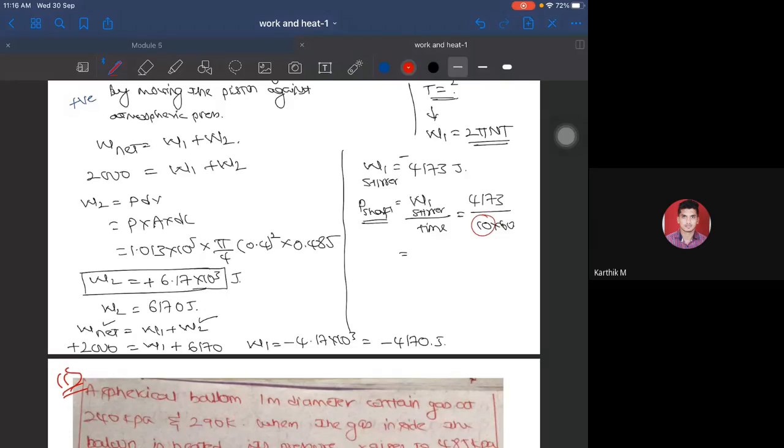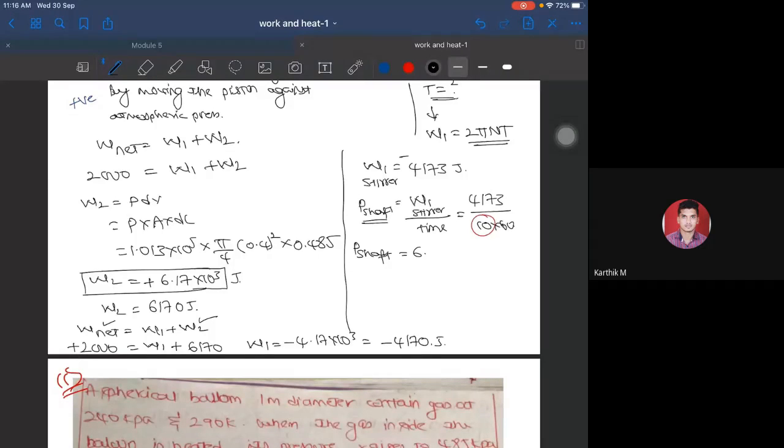So the power of the shaft is 4173 divided by 10 into 60, which is 6.95 watts.